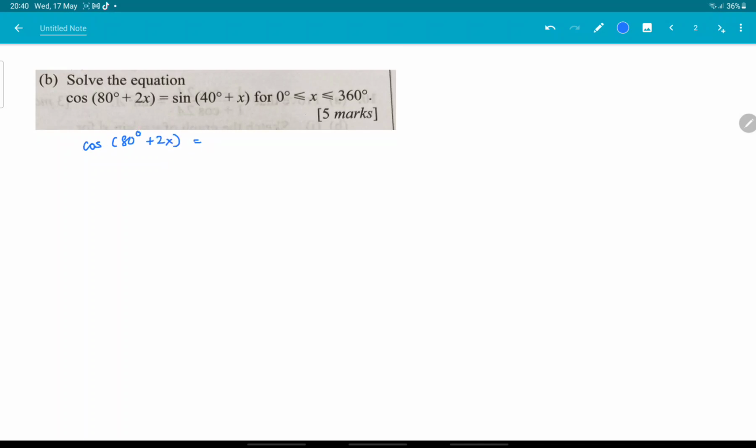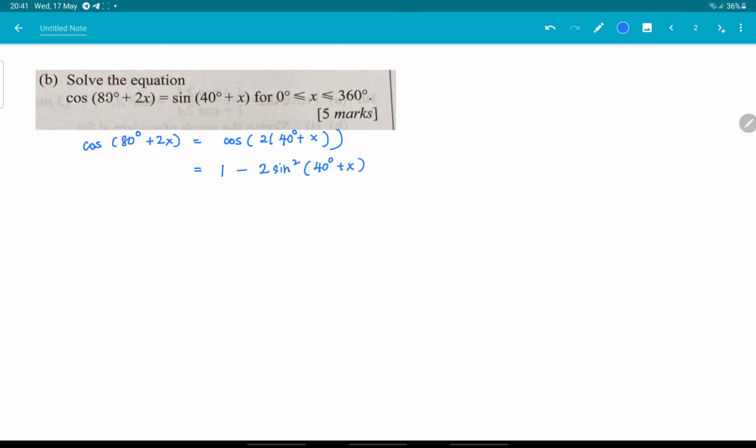When we observe the equation carefully, you can see that cos(80 degrees plus 2x) can be written as cos 2 times (40 plus x). It means that you can write it as 1 minus 2 sine squared (40 degrees plus x).